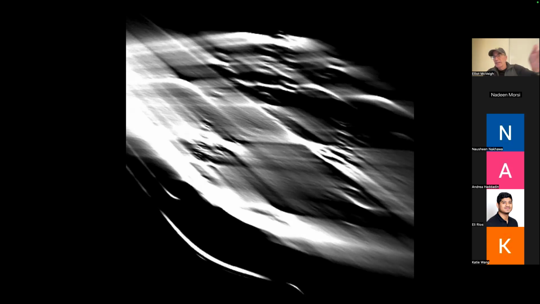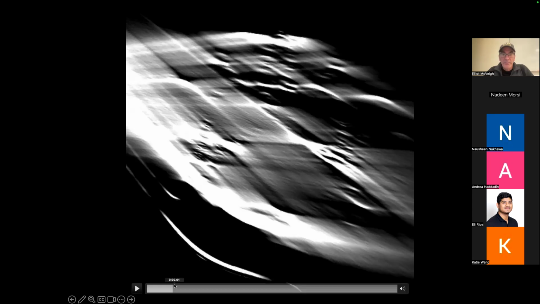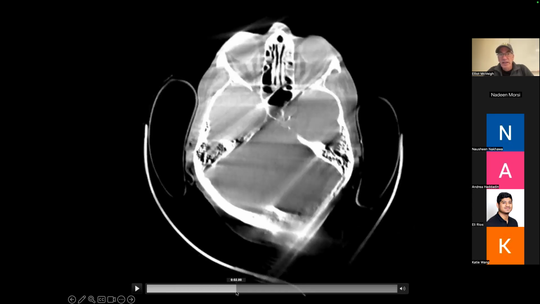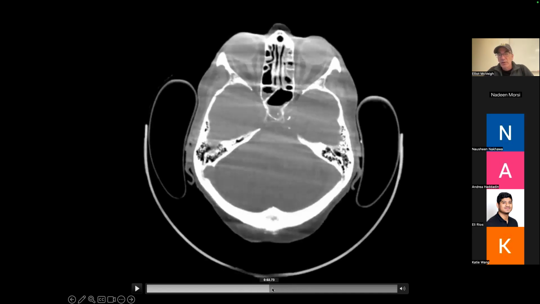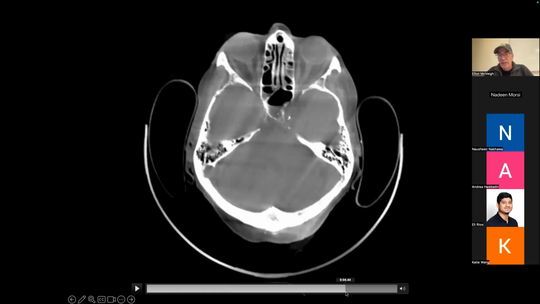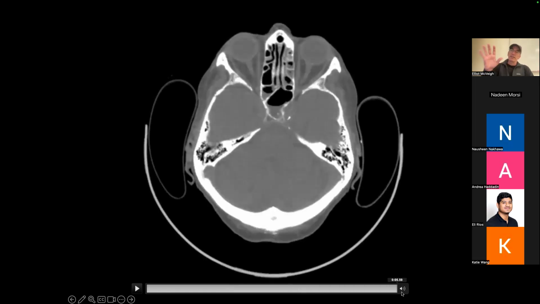We don't really have any information about an edge up here. By the time we get around to 90 degrees, we do now have information about these edges. And this is consistent with all of the projections that we've got thus far. And then we keep rotating the detector around, adding in those projections.